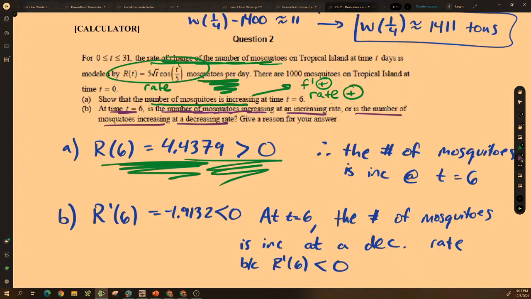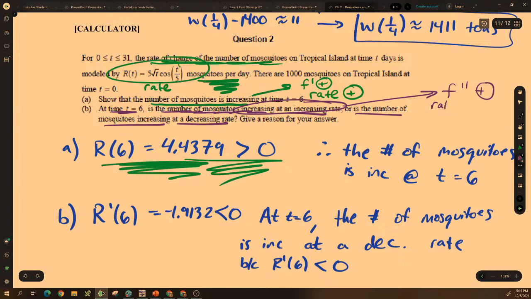If it's increasing at an increasing rate, like double increasing, f double prime would be positive, for the rate of the rate would be positive. If we were increasing at a decreasing rate, then f double prime would be negative, meaning the rate of the rate would be negative.